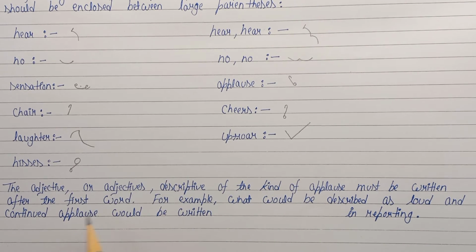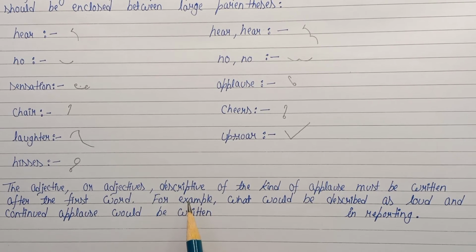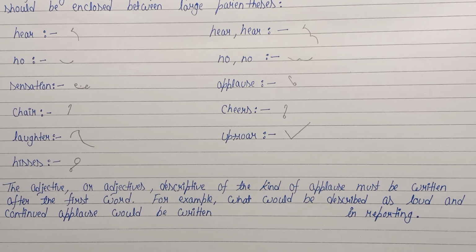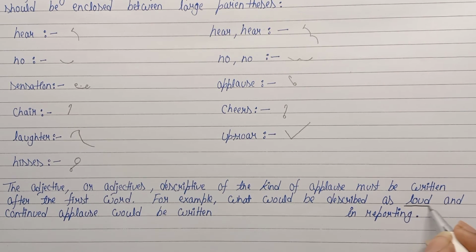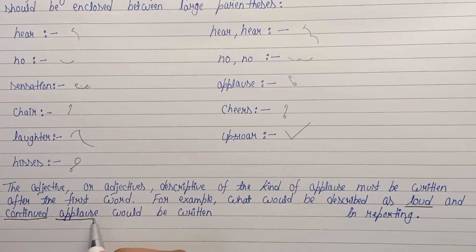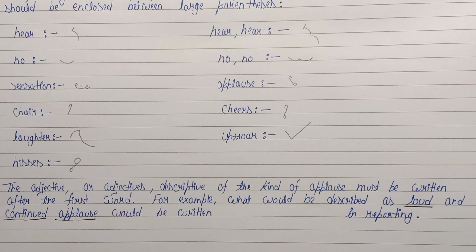The adjective or adjectives descriptive of the kind of applause must be written after the first word. For example, what would be described as loud and continued applause would be written in reporting how we write.